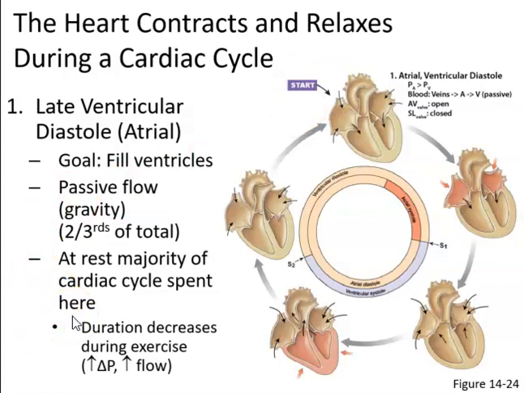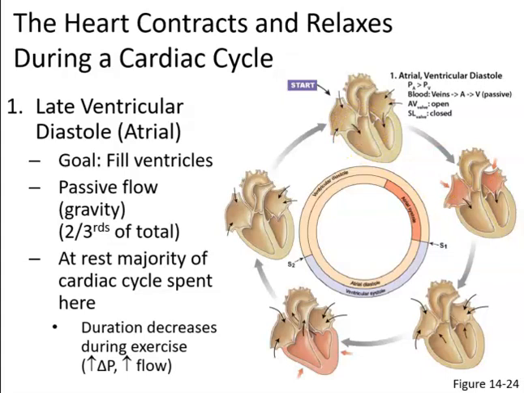So the pressure in the atria is greater than the pressure in the ventricles. At this point, 2/3 of the blood will passively flow from the atria into the ventricle. The AV valves are open, the semilunar valves are closed, so the ventricles can fill.